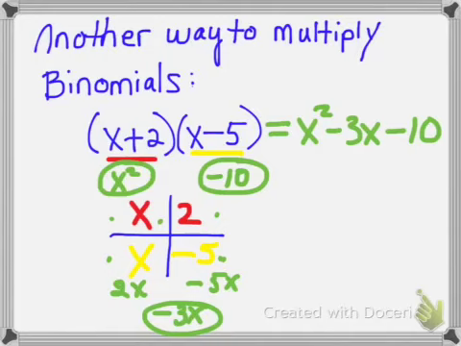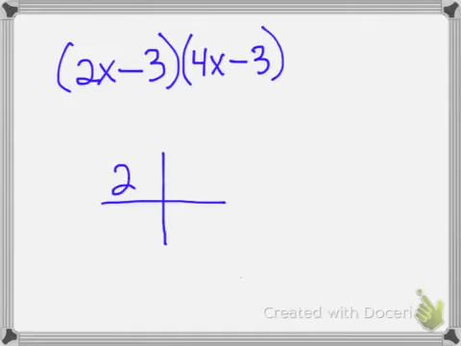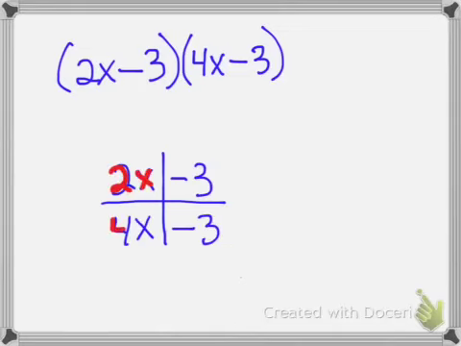Again, no matter what method you do when you're multiplying polynomials, you're just using distributive property. Here's another example. If I multiplied, say, 2x minus 3 times 4x minus 3, here is how I would do it. The 2x minus 3 set up that way, the 4x minus 3 set up over there. We multiply the 2x times the 4x, and we get 8x squared.